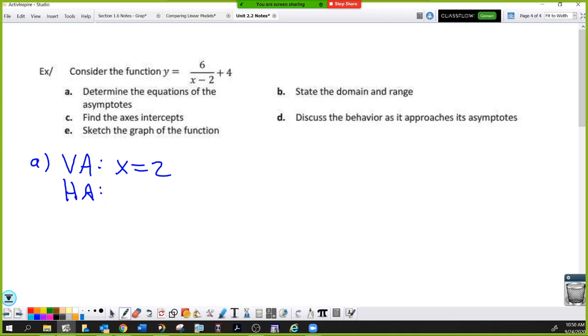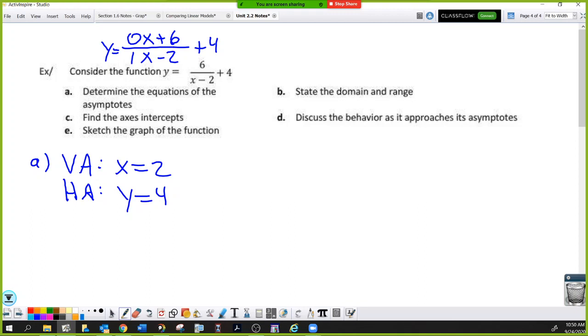You could think of this as saying y equals 0x plus 6 over 1x minus 2 plus 4. You could pretend it says that. So whoops, I forgot my equal sign. So if you wanted to do leading coefficient over leading coefficient, you would get 0, correct? But then there's a plus 4 afterwards. And 0 plus 4 is 4.